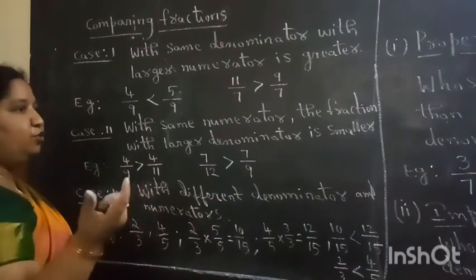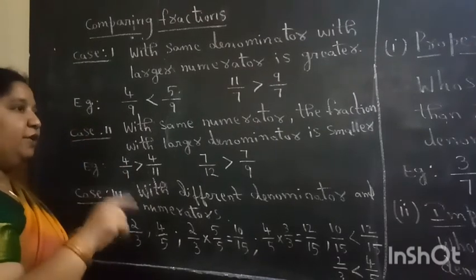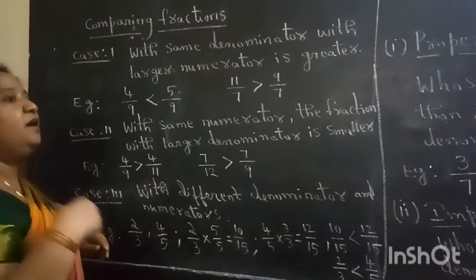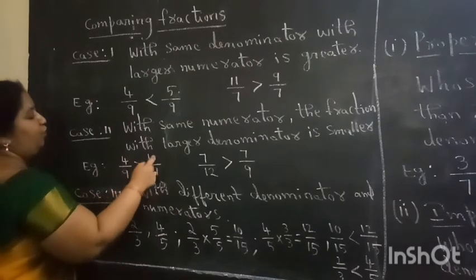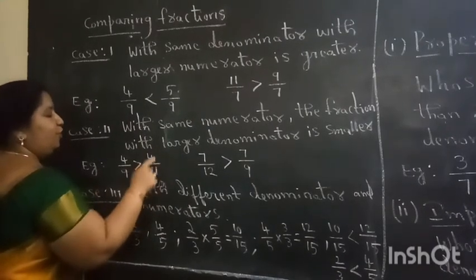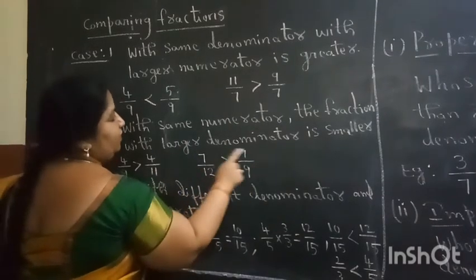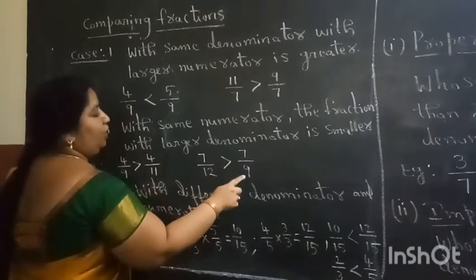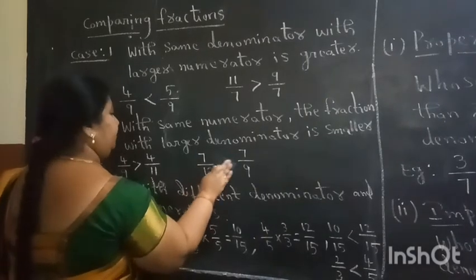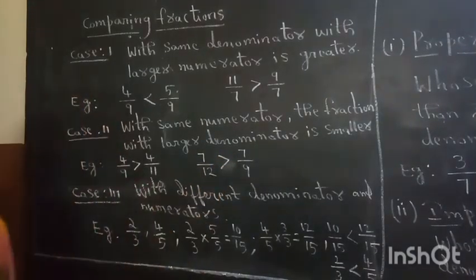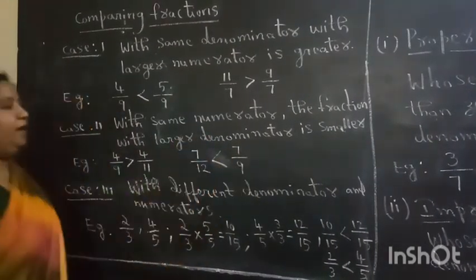Suppose you take two fractions with the same numerator, the one with the highest denominator is the smaller fraction. 4 by 9, 4 by 11. 11 is the greater one, so 4 by 11 is the smaller fraction. 7 by 12, 7 by 9. 7 and 7 are the same numerators. 12 and 9: 12 is the greater number, so that is the smaller fraction. 7 by 12 is less than 7 by 9.